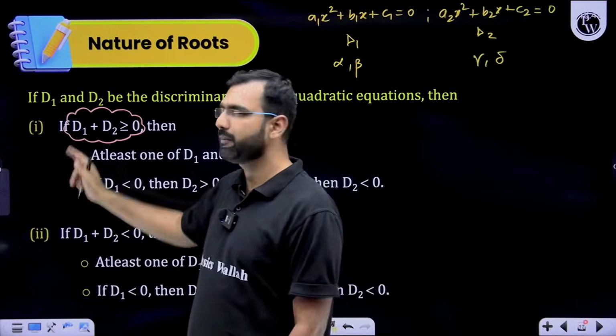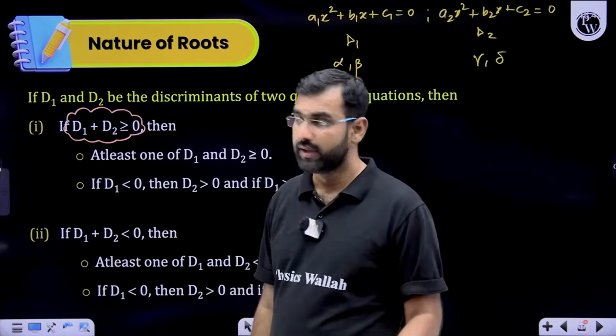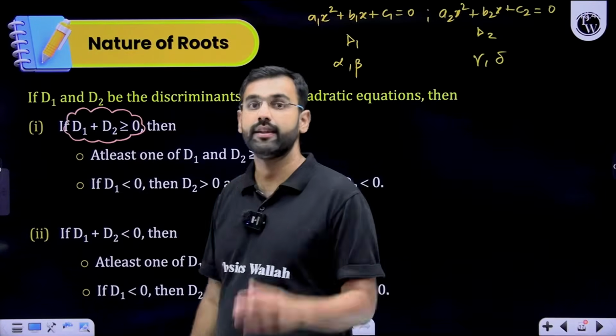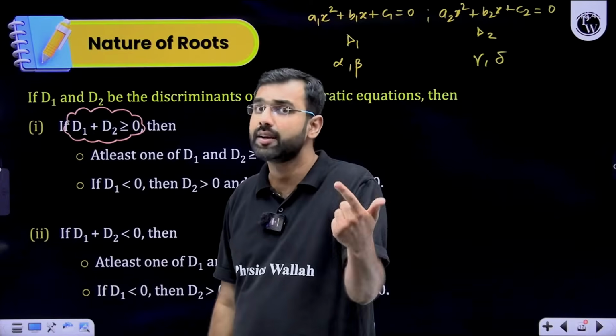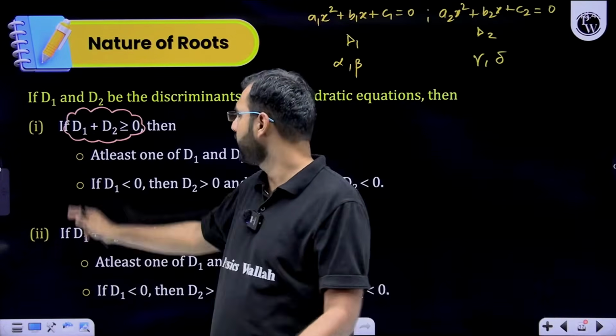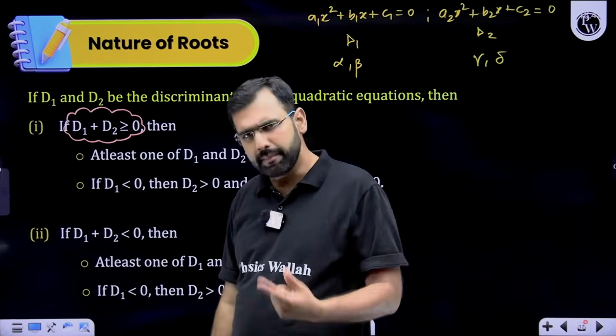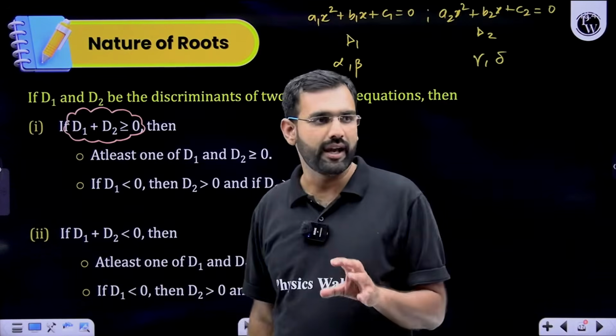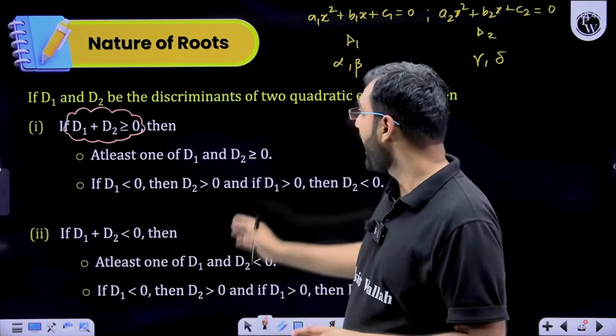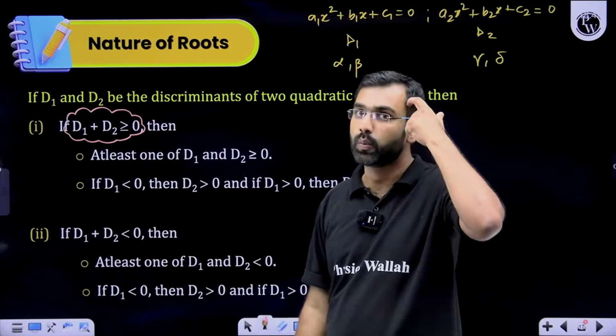Because if both of them are positive, then the sum will be positive. If at least one of them is positive, then that positive minus negative could be positive, because that positive will be greater in magnitude. The third conclusion, if both are equal in magnitude but opposite in sign, then also it will be 0. So we are talking about that possibility only when you have this d1 plus d2 greater than equal to 0. What does it mean?